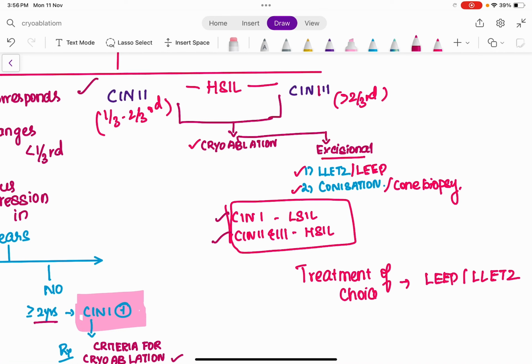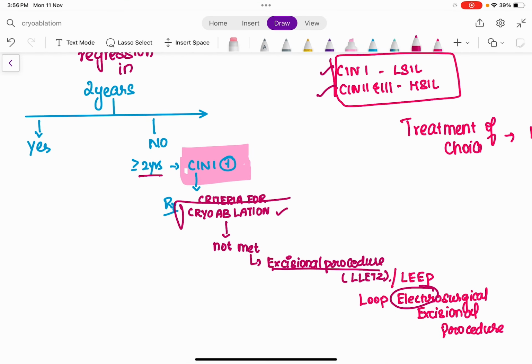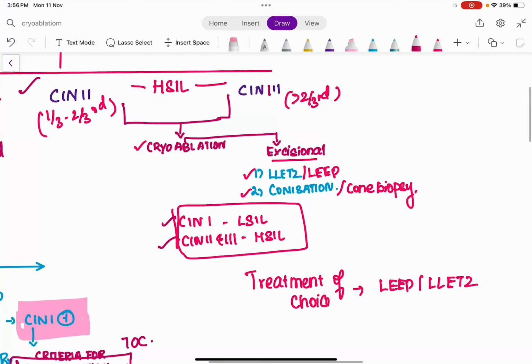Now, while discussing CIN2 and 3, what are the treatment options? For CIN1, the treatment of choice was cryoablation. If the criteria were not fulfilled, then you go for some excisional procedure such as loop electrosurgical excisional procedure.